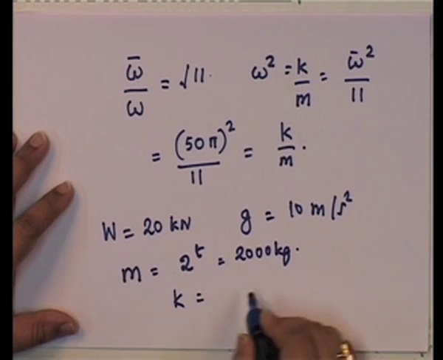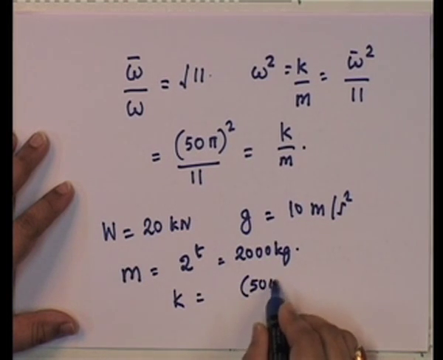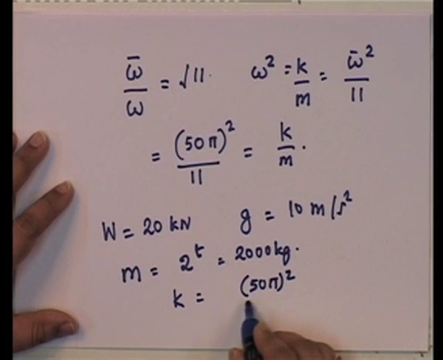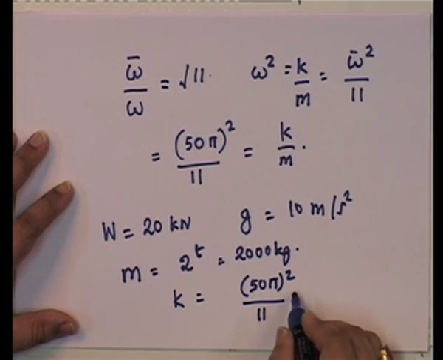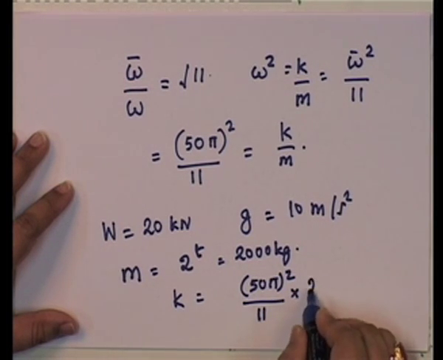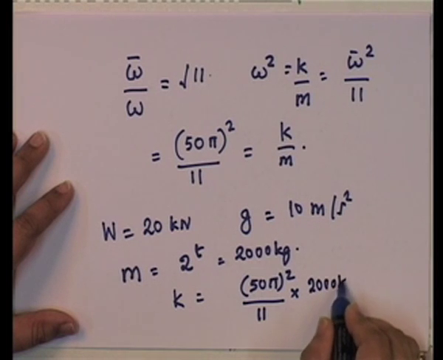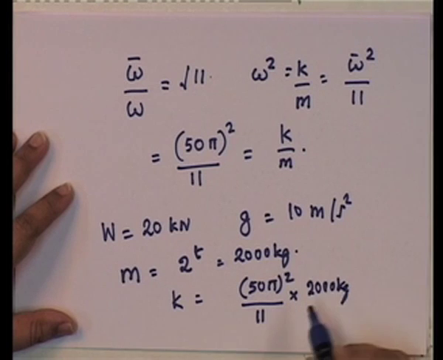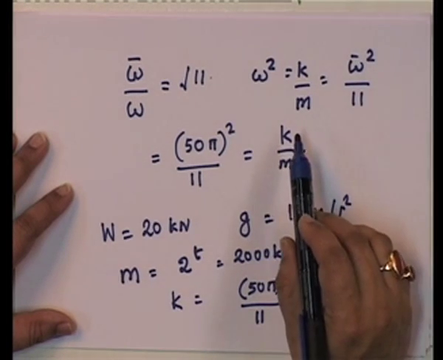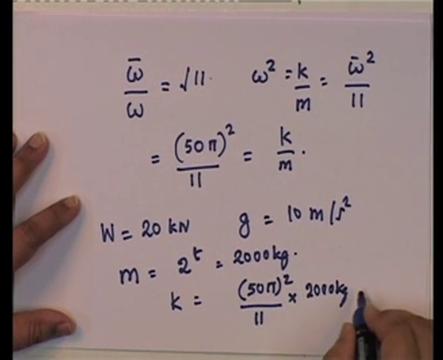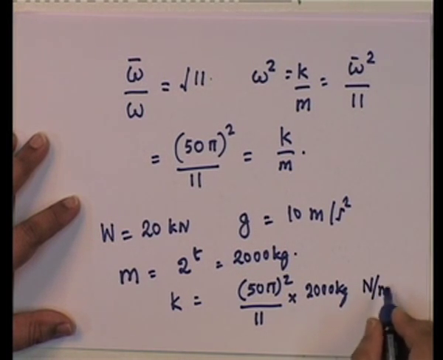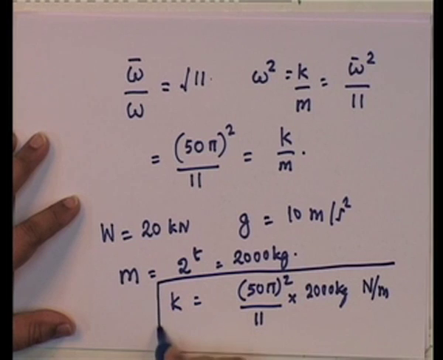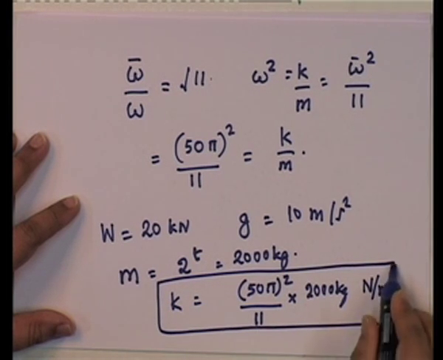Then k becomes equal to 50 pi squared upon 11, into 2000, and the units, since this is kg and these are radians per second, become Newton per meter. That is my k value.